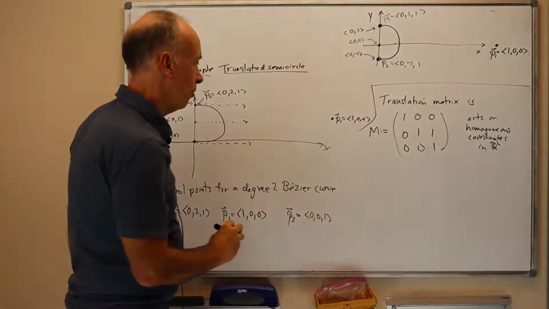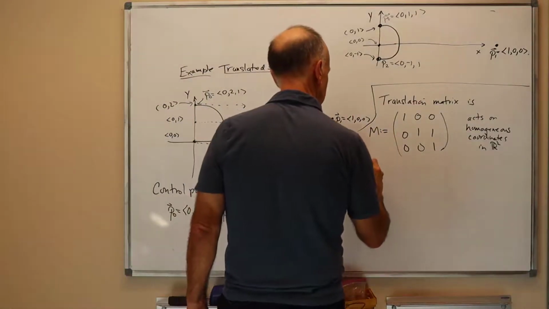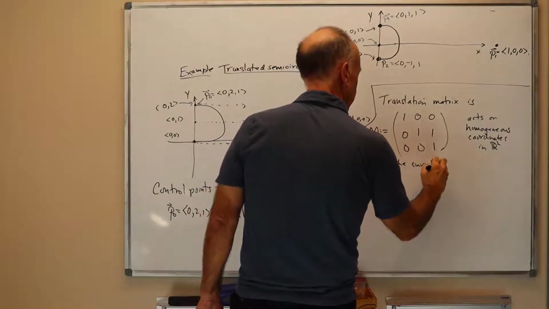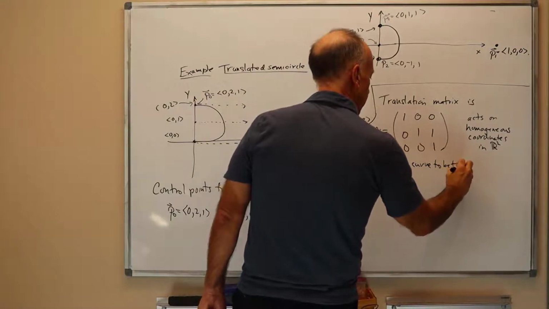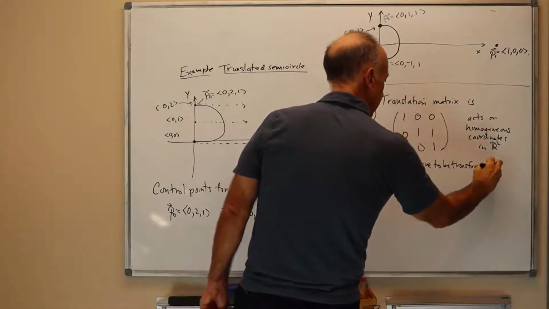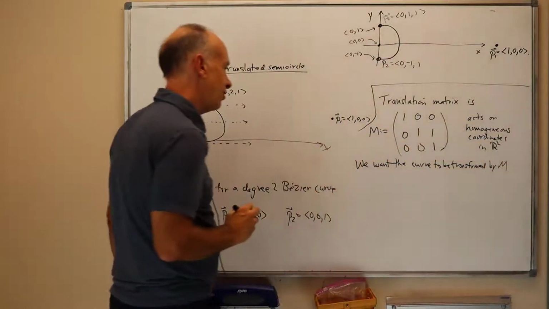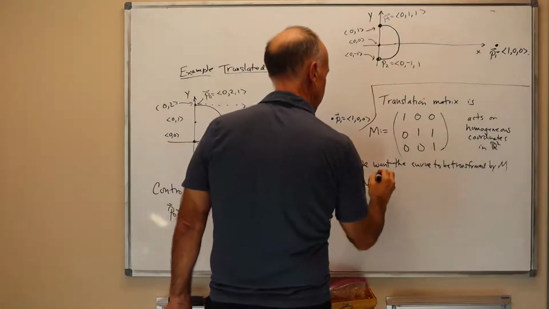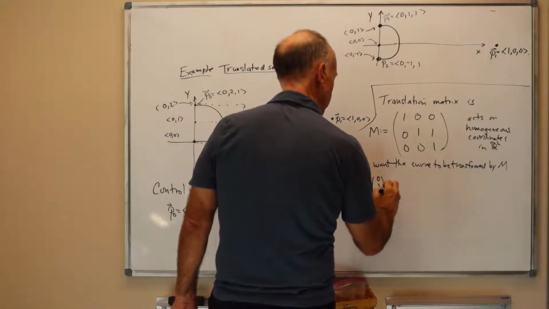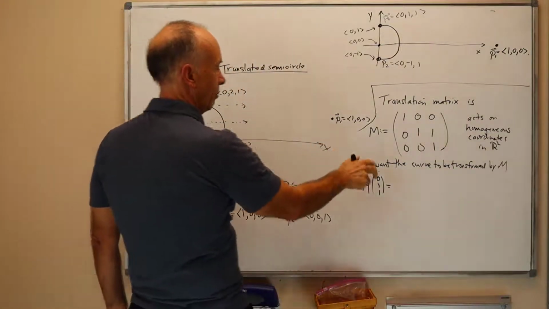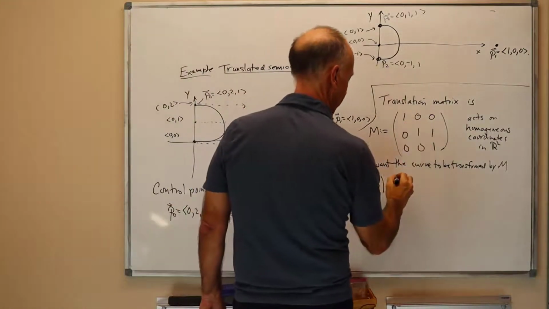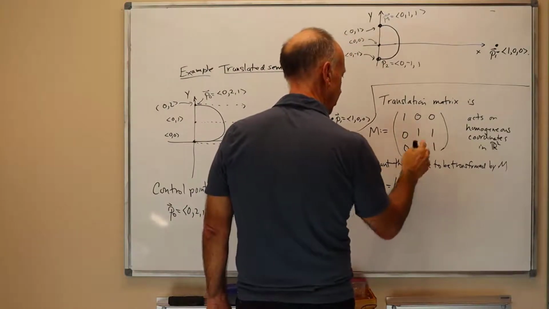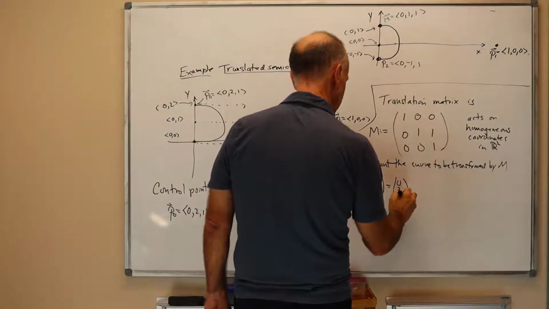We want the curve to be transformed by M. And for this, it's enough to transform the control points. We have that M times P0, that's (0, 1, 1), is equal to, well, taking the inner product of the top row, you get 0, the second row gives 2, the third row gives 1.